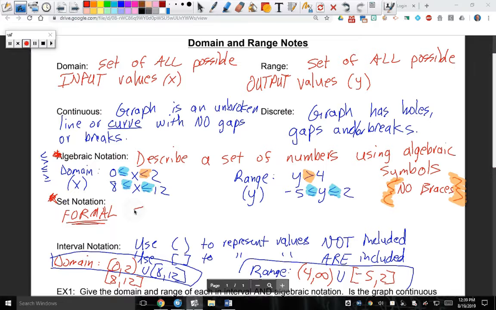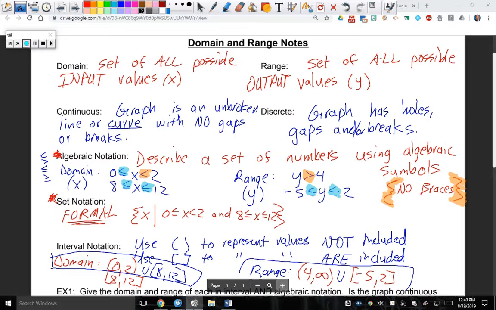We would say the set of all x's such that, and then you would just copy what you see. 0 is less than or equal to x less than 2, and on the same line, 8 is less than or equal to x less than or equal to 12. Close brace. It's the same thing as algebraic, it's just a little bit more formal.